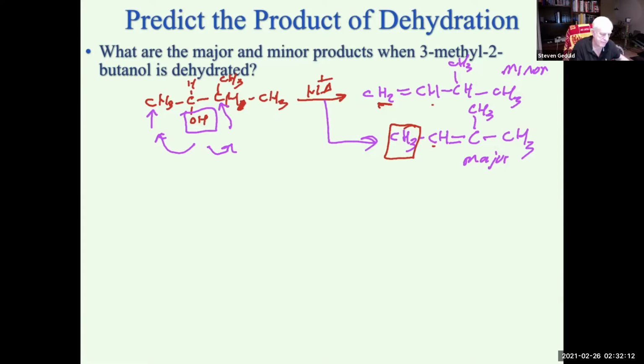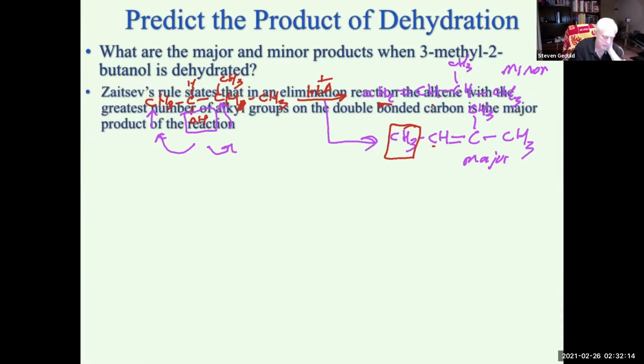All right. So let me erase some of that so we can see it again. So in elimination reaction, what it says is the alkene with the greatest number of alkyl groups on the double bonded carbon is going to be the major product of the reaction.